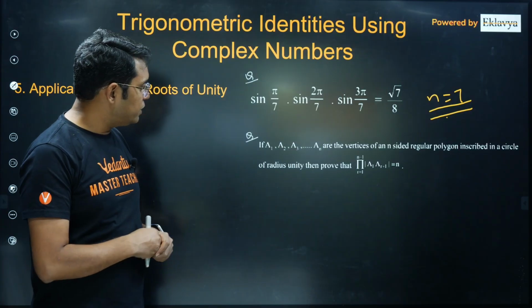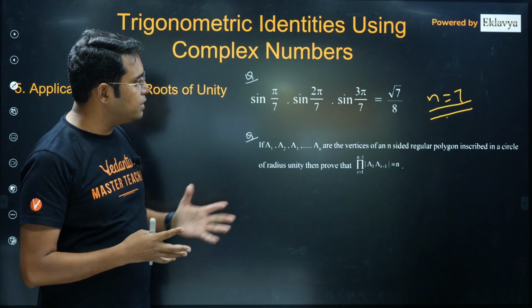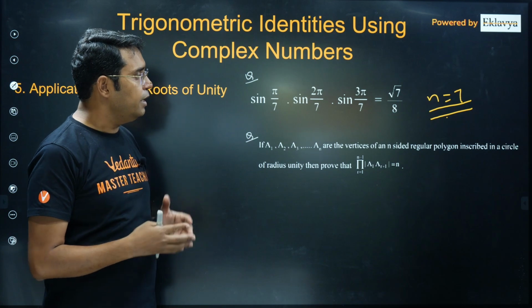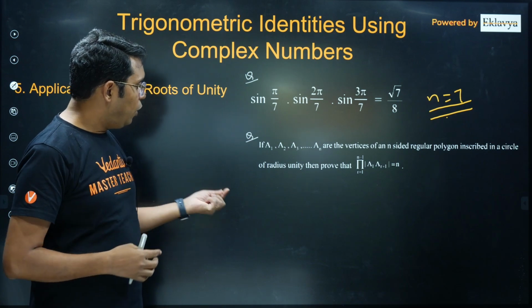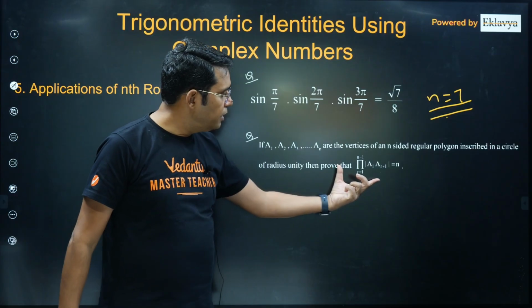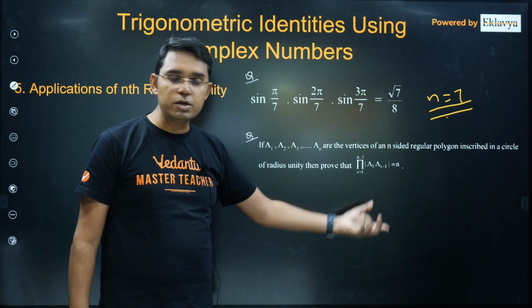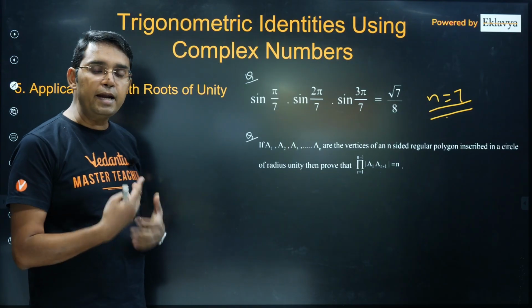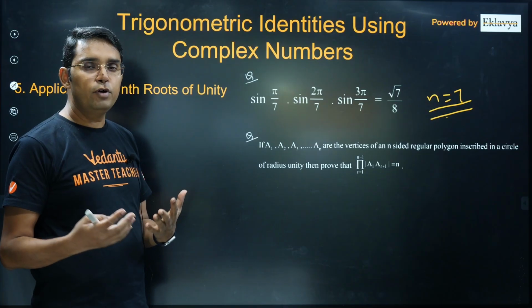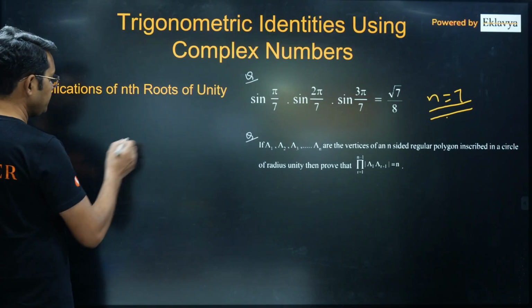Now another question. A1, A2, A3 are the vertices of an n-sided regular polygon inscribed in a circle of radius unity. Then prove that the product of mod of A1 A(r+1) is equal to n. I think this is also directly based on the nth root of unity. How? Please see.